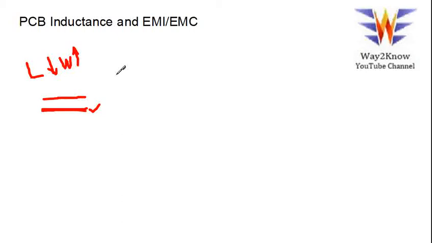But that is not possible because we have something called impedance, right? So we have to maintain that impedance. Based on the routing of either single-ended or differential traces, we need to maintain a particular width of a trace.